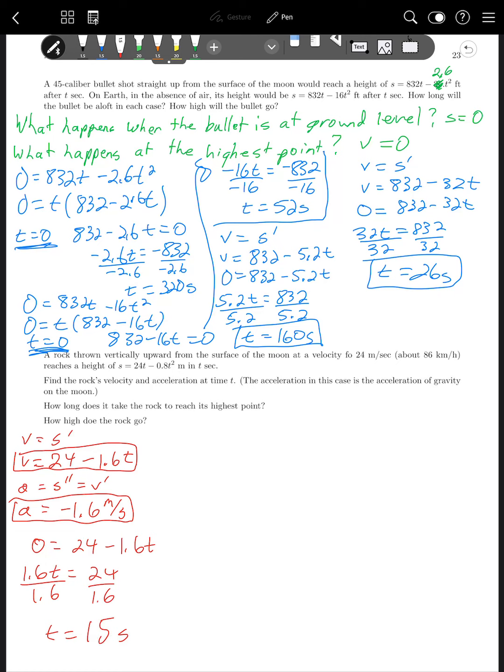Okay. And then the last question is, how high does the rock go? Well, if we know at what point it reaches its highest point, we can use its position function, s equals 24t minus 0.8t squared, to figure out when that happens by finding s of 15.